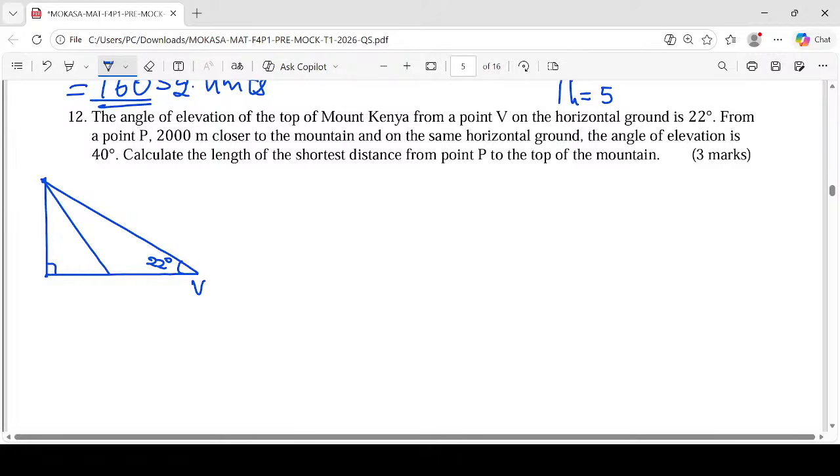From a point P, 2,000 meters closer to the mountain. I want you to understand the language there. So it means we have another point P, but now this point P is 2,000 meters closer to the mountain. When they talk about closer, closer is a comparison term. They have compared the distance of V and P from the mountain. So this distance here is 2,000 meters.